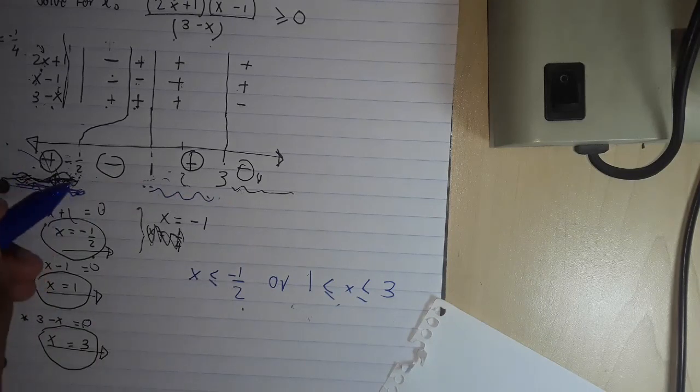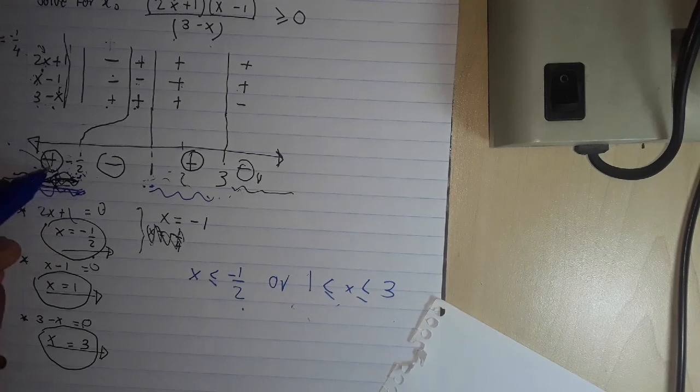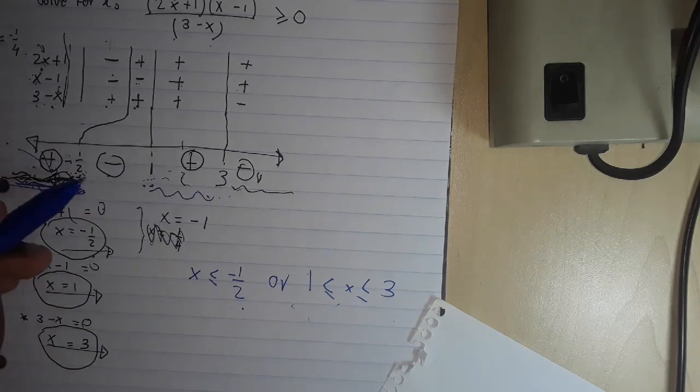And you notice that we've written down these values that give 0, and notice that the sign changes at each of these values. So what we indicated previously was true.